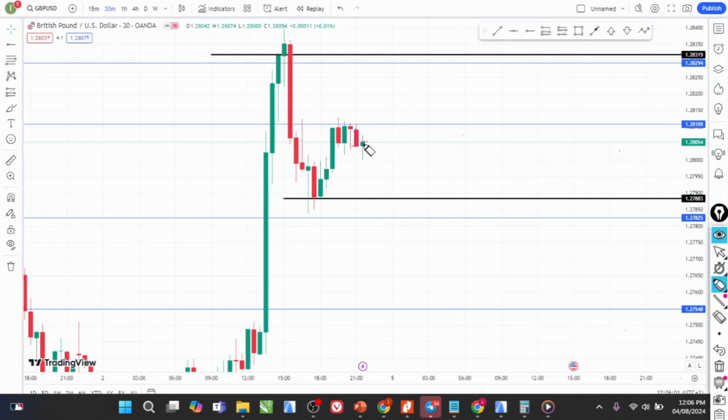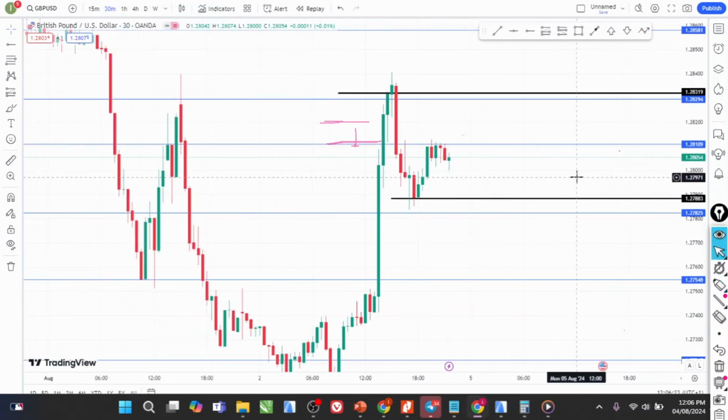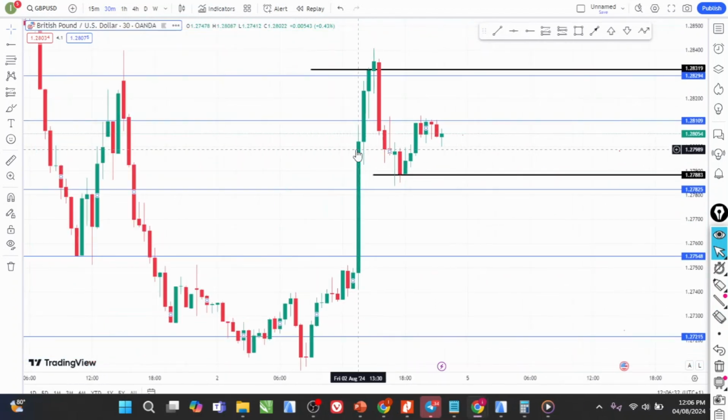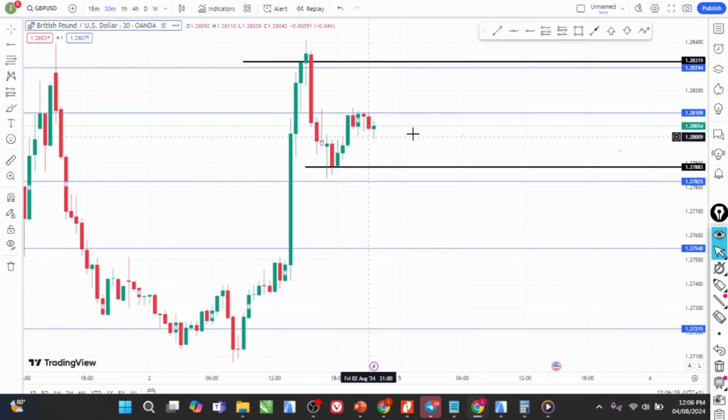So now from this analysis, this is a resistance. There's a mini support level here. So this mini support level is broken already in the 30 minutes time frame. So according to this analysis and according to my own prediction, what I'm expecting this week is a massive sell on GBP USD.